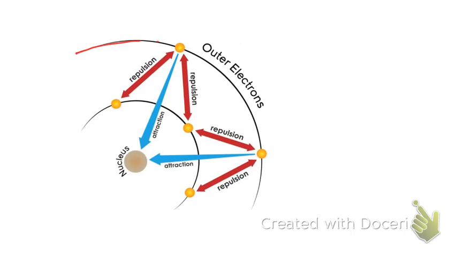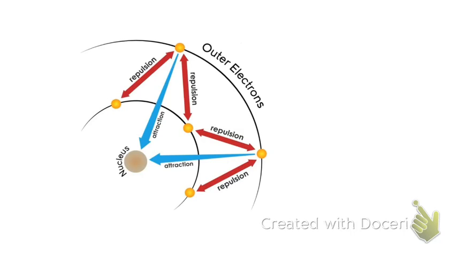Now, what we're going to focus on is that the nuclear charge is, again, the number of protons that are in the nucleus. And as we know from Coulomb's law, the higher the nuclear charge, in other words, the more protons in the nucleus, there's a greater magnitude of charge that's placed on those protons as a whole, and therefore there's going to be a greater attraction from the nucleus to the valence electrons.